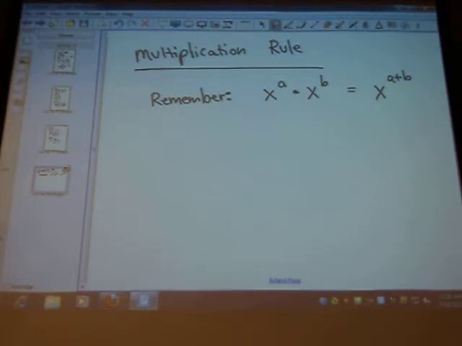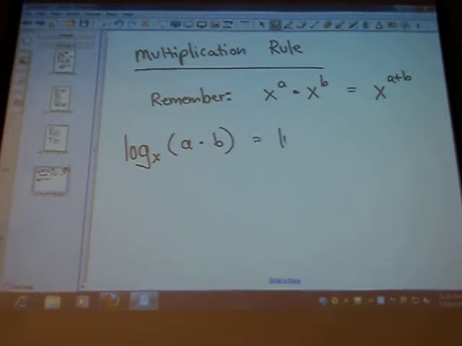Same thing is true for logarithms. So if I have log base, what do we want to call our base? Call that x. Log base x of two different logarithms that are added.